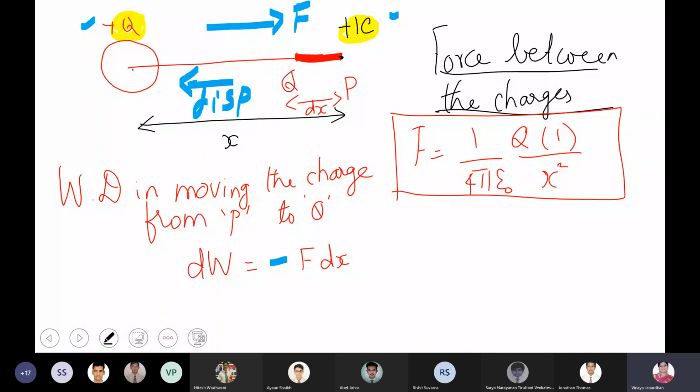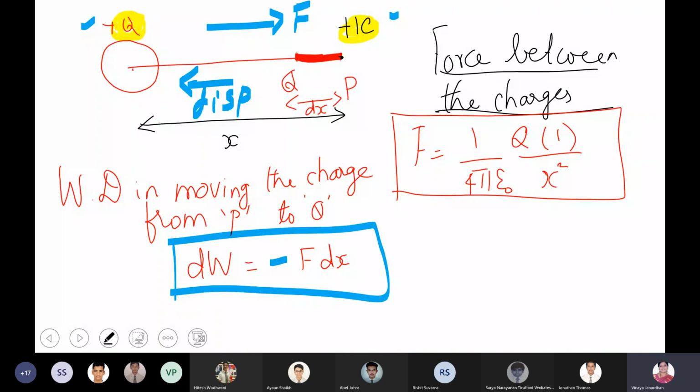These are the reasoning based questions. dW is equal to minus F dx. So this will be the work done in moving the charge from P to Q.